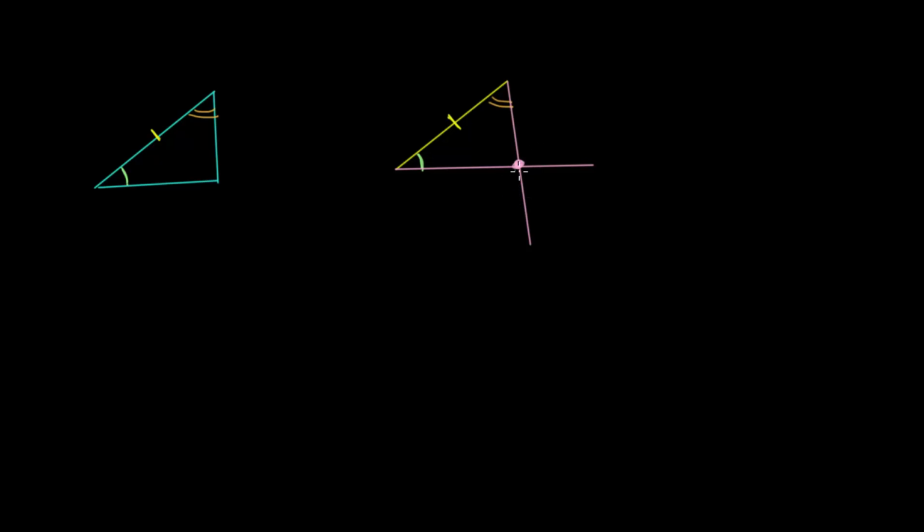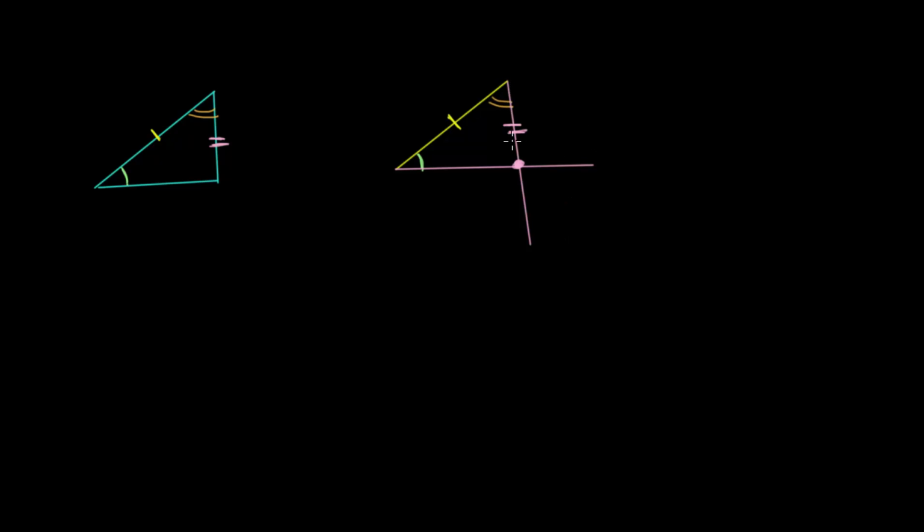When they do meet at this point, that constrains how long they are. In fact, you can roughly see visually that they look equal to their corresponding side lengths in the other triangle. Again, this is not drawn perfectly, but this length here and this length here would have to be equal.